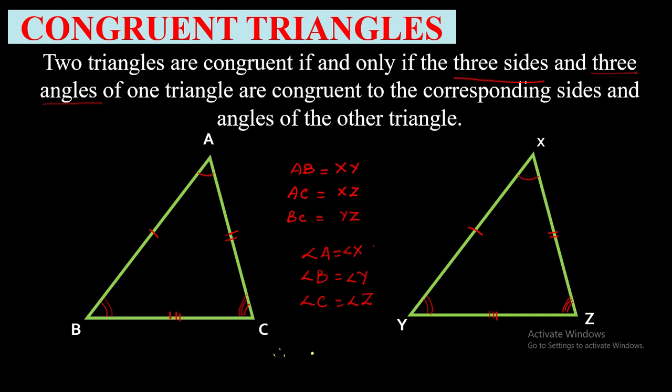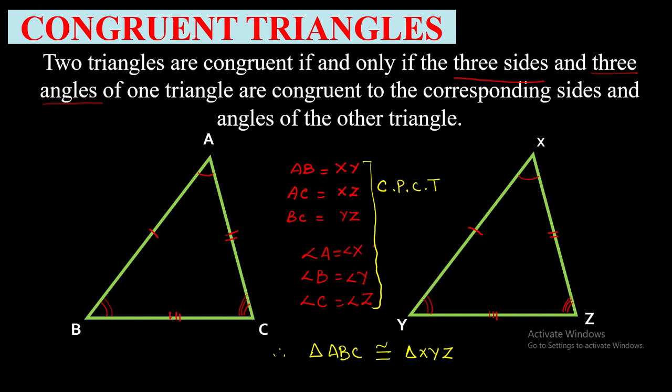Then we can say triangle ABC is congruent to triangle XYZ. That means the two triangles have the same shape and same size. And these six equations are called corresponding parts of congruent triangles, and in short, we write them as CPCT.